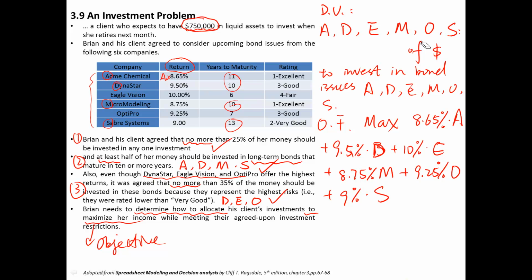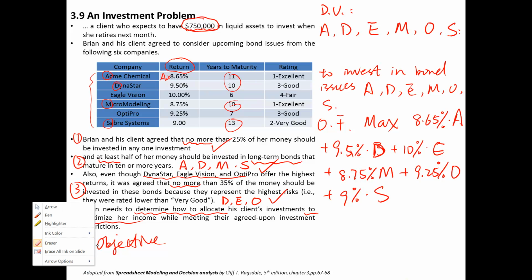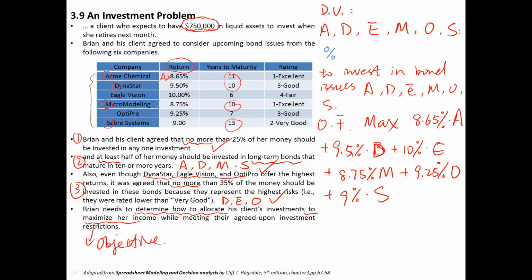Instead of defining them as the amount of dollars you invested, now I'm defining my decision variables to be the percentage of total money to invest in bond issues A, D, E, M, O. Okay, so now these decision variables represent percentage instead of actual money.